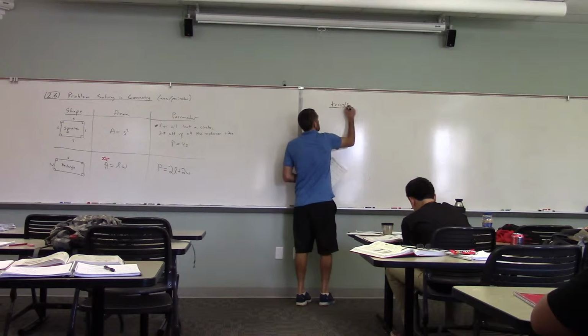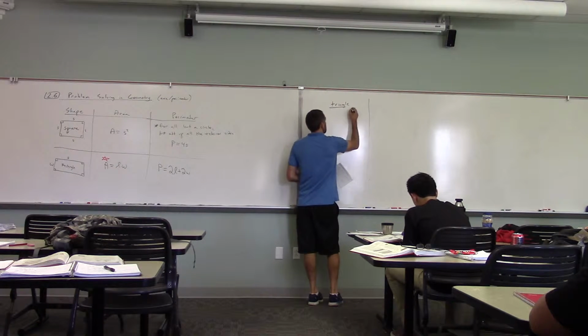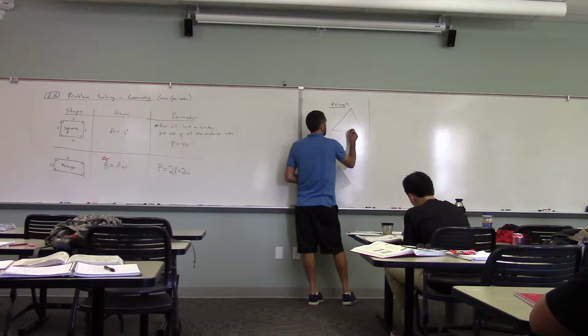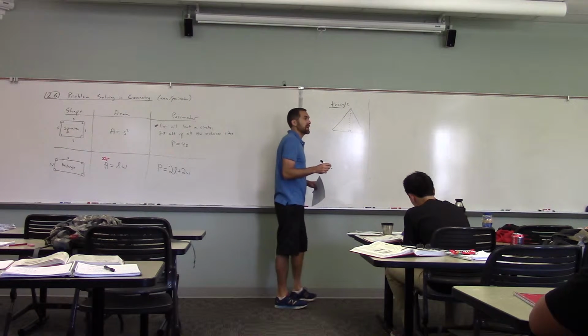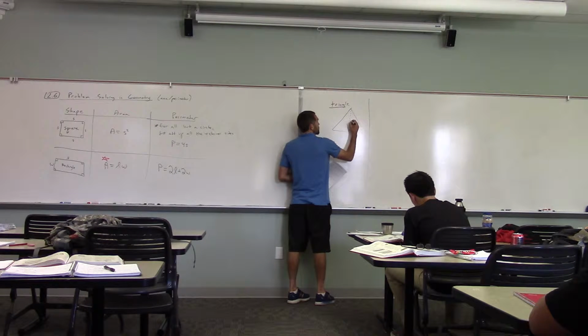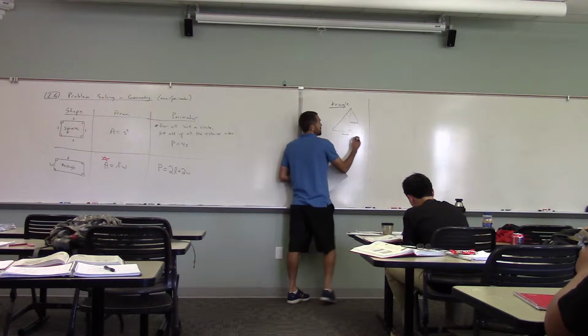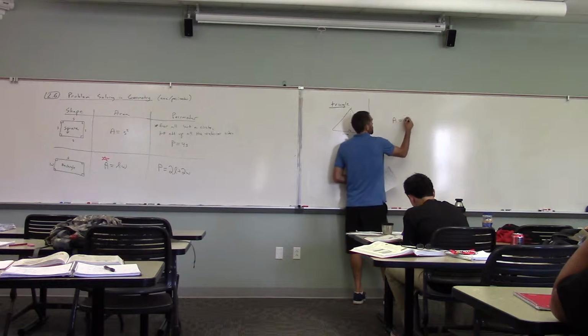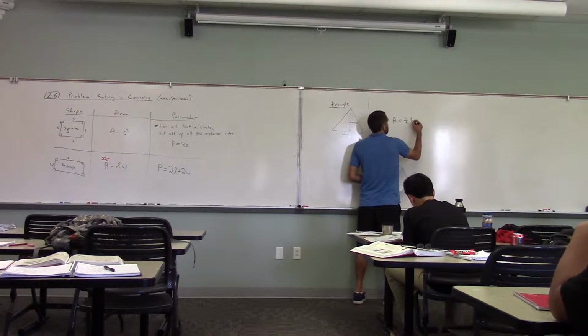Okay? A triangle looks like this, where the height makes a right angle with the base. This is height, this is base, and the area is 1/2 base times height.